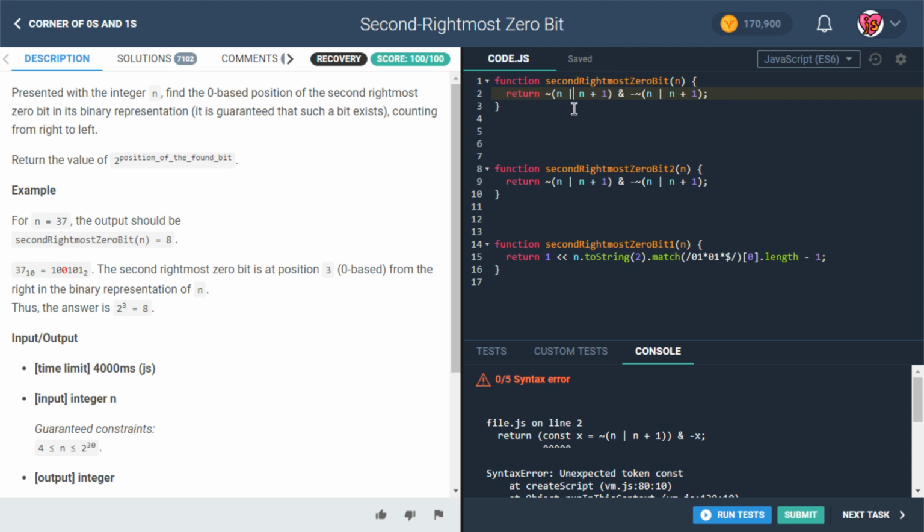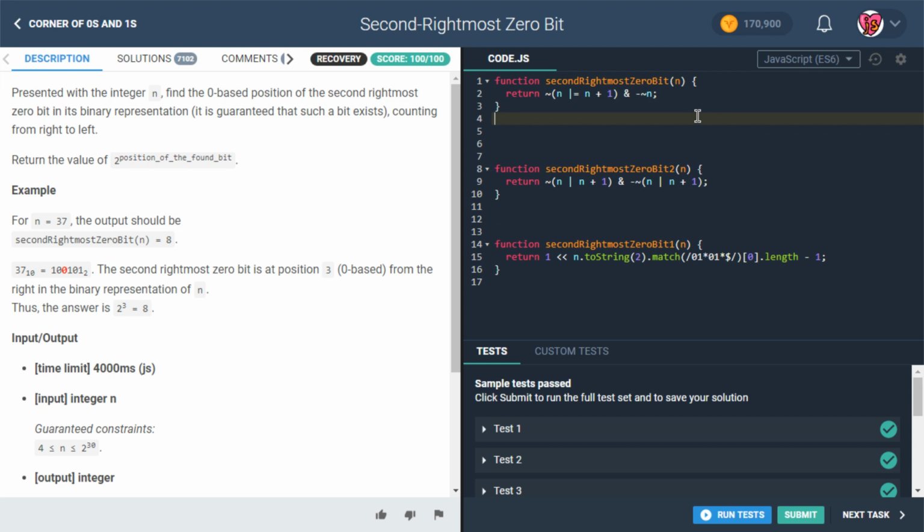You know how we sometimes do n plus equals 1 or times equals -1 or something like that? We're used to those kinds of things with other operations, but we can actually do that with these bitwise operators as well. So we can say n or equals n plus 1. And then since we've already done the or equals part, my claim is that we won't need to do it over here. So we can just do something like this.